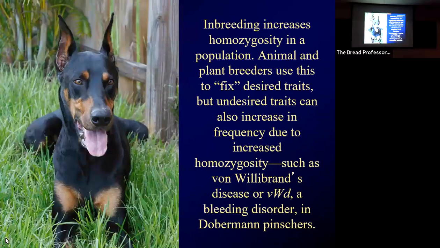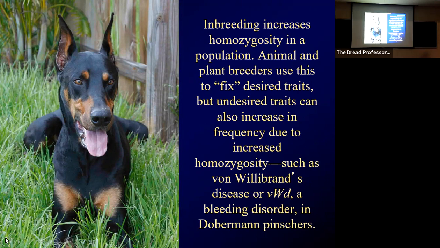All right. So inbreeding increases homozygosity in a population, and here's where this gets into practical applications. Traditionally, animal and plant breeders use this to fix desired traits. If you're breeding racehorses, you do not want to cross 2 racehorses together and get a pony.